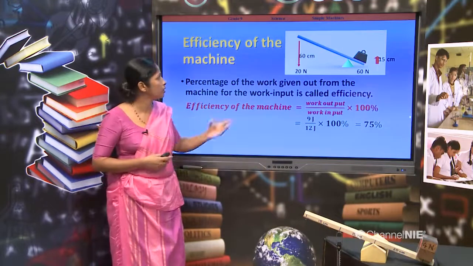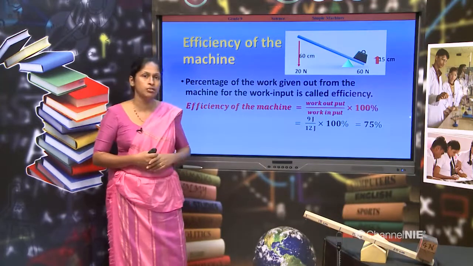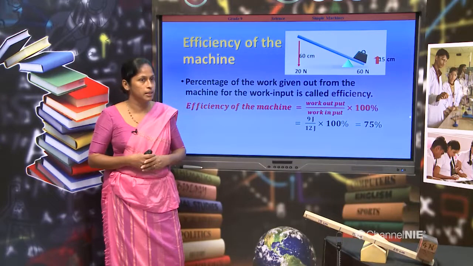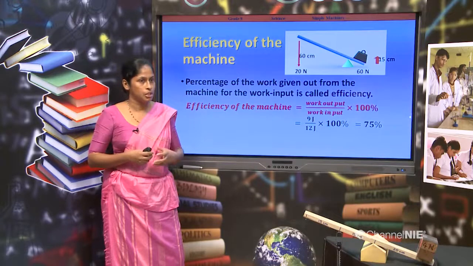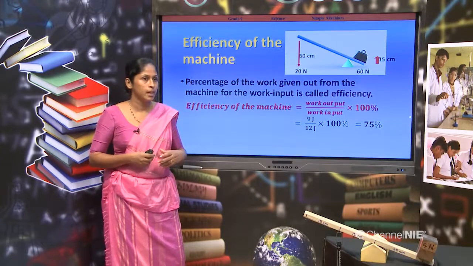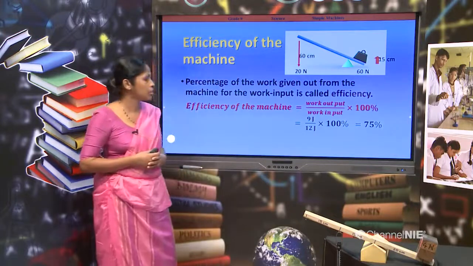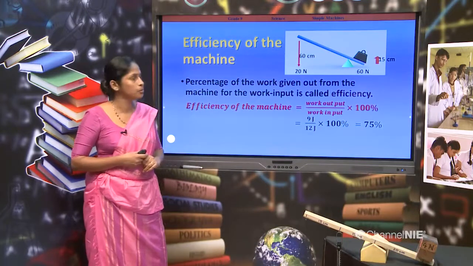Why can't we increase the efficiency of this machine to 100%? Normally, practically, frictional force is exerted, and due to that the efficiency cannot be increased up to 100.